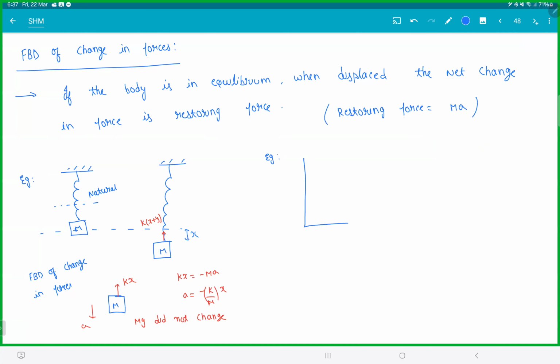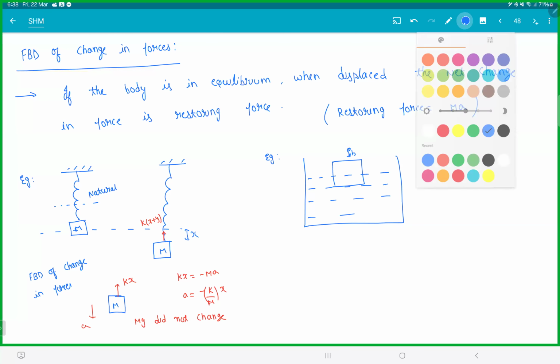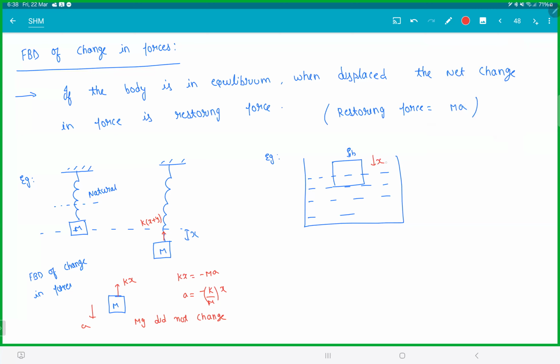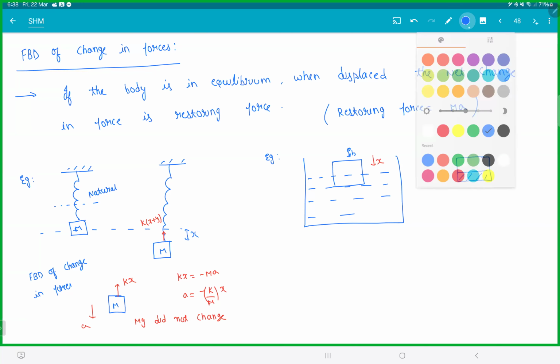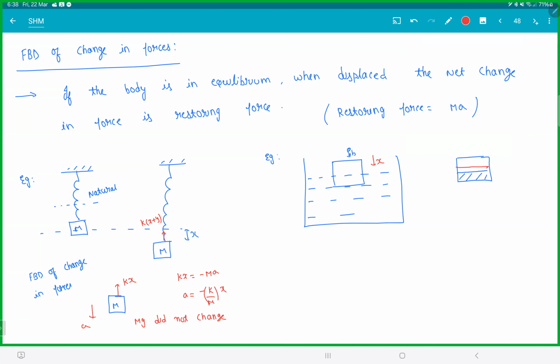Let's take this block problem. The block is already there, rho b. Now when you displace it by x, when you push this by x inside, this part is already inside. This is that additional buoyancy force.